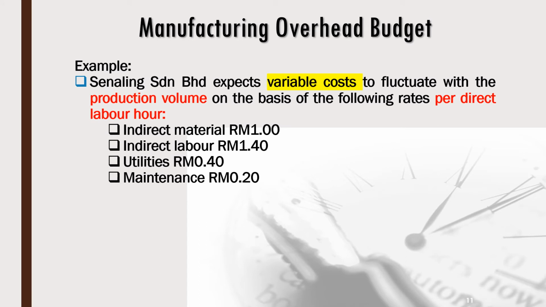Snelling Berhad expects variable costs to fluctuate with the production volume on the basis of the following rates per direct labor hour. Indirect material, RM1. Indirect labor, RM1.40. Utilities, 40 cents. Maintenance, 20 cents.